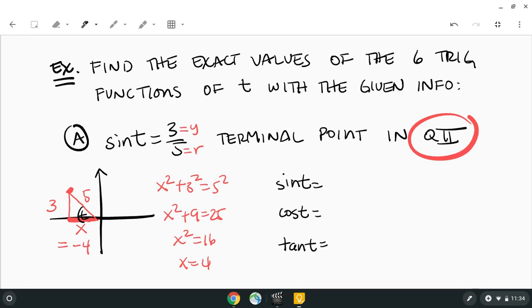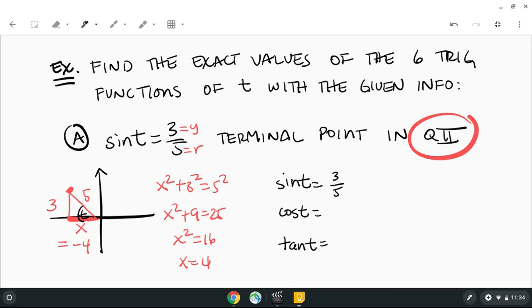What's our y? 3. We already know, 5. All right, so we already know sine t is 3 over 5 because it's given.